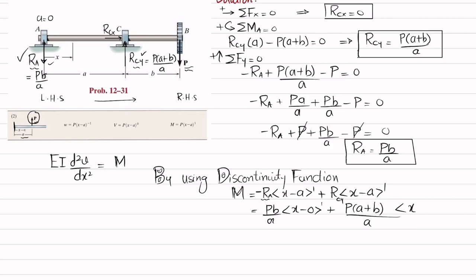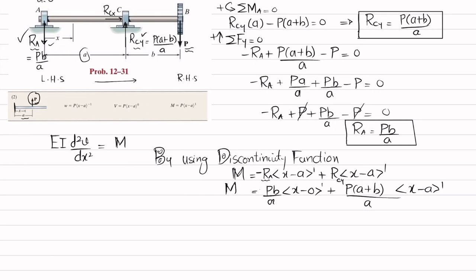You can see this load is acting at this point, and x starts from here, and a is this one, so it will be x minus a whole power 1.